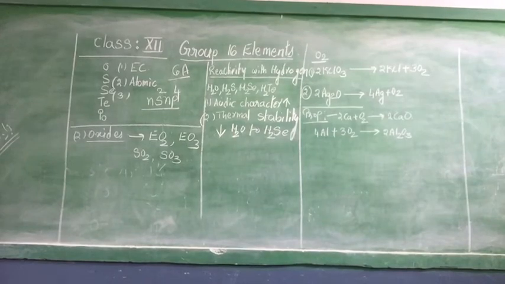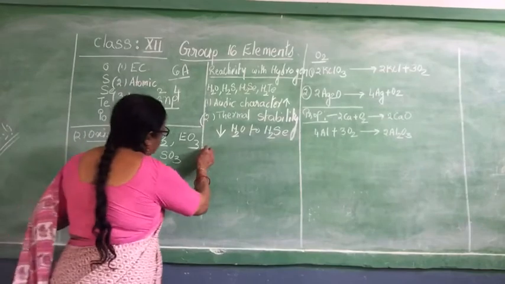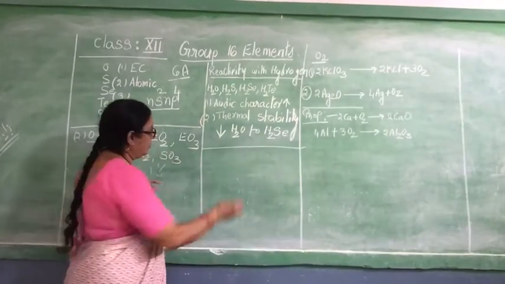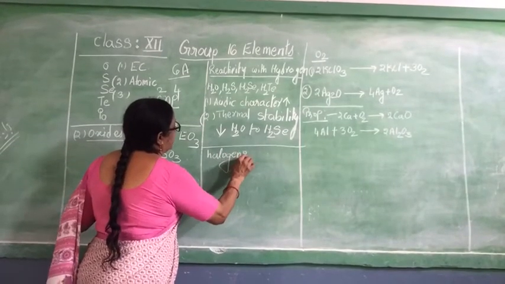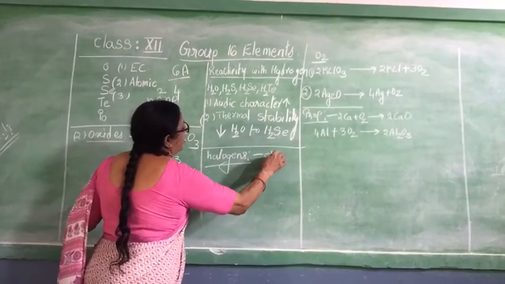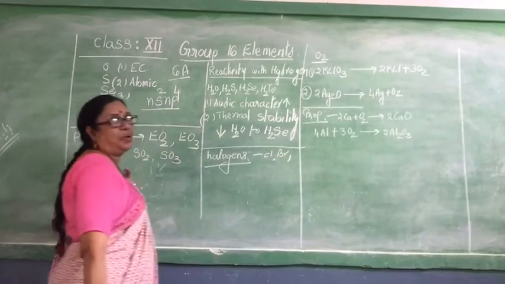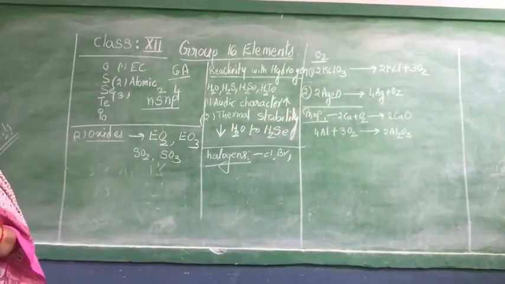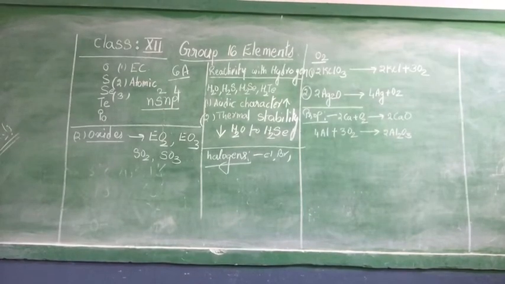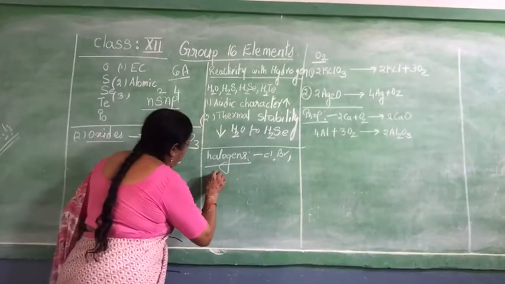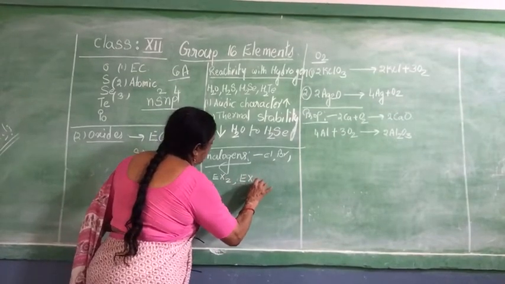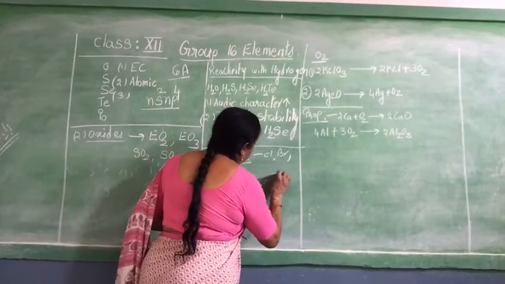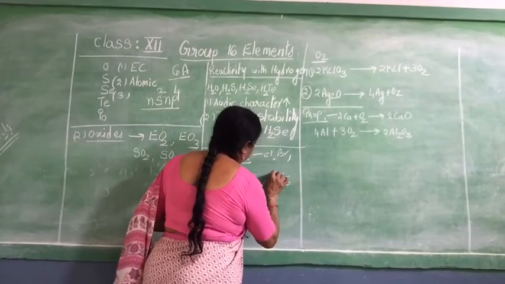Now next, halides: reactivity with halogens. Elements of group 16 react with chlorine, bromine and iodine to form halides of the general formula EX2, EX4 and EX6.